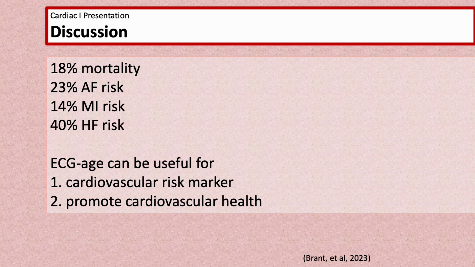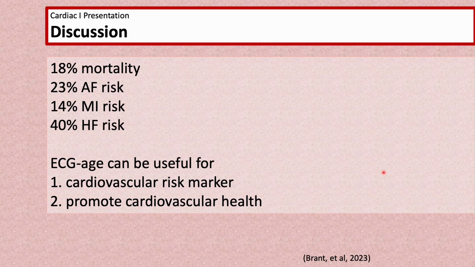ECG age correlates with chronological age and is associated with all-cause death, myocardial infarction, atrial fibrillation, and heart failure in the community setting.